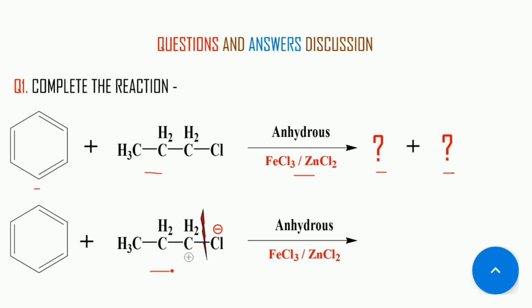Is it not? Why? Because this one is a 1-degree carbocation, and there is a possibility of shifting this carbocation from 1-degree to a 2-degree carbocation, here it is, for providing better stability by rearrangement of the carbocation.